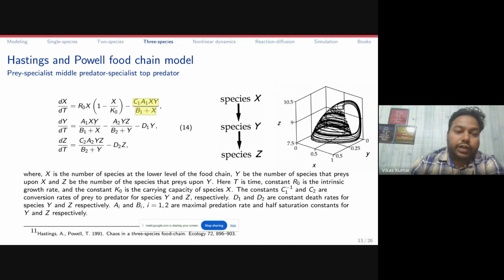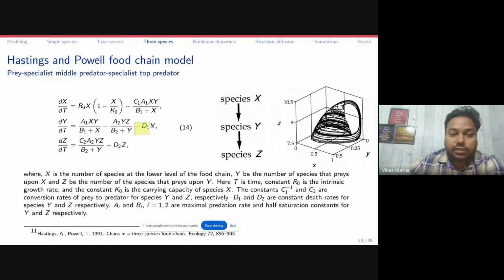And according to that, we have some growth in the population. Then this Y population interacts with the Z population, and it has the natural death rate D1. The middle predator population dies out due to its favorite food, so it's a specialist predator.